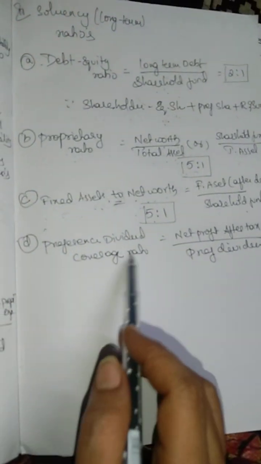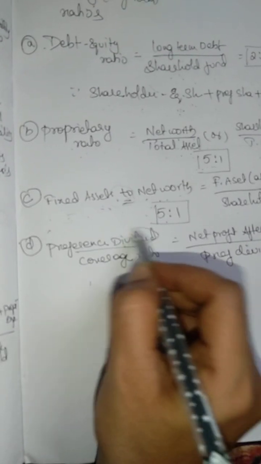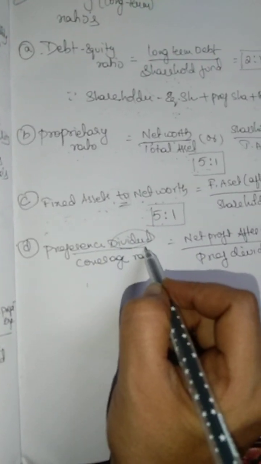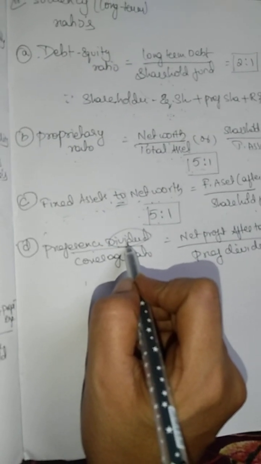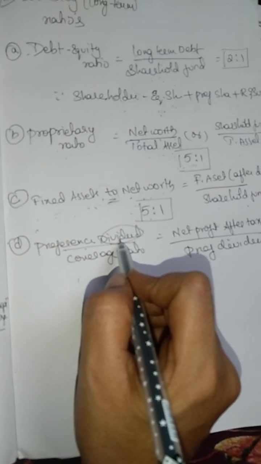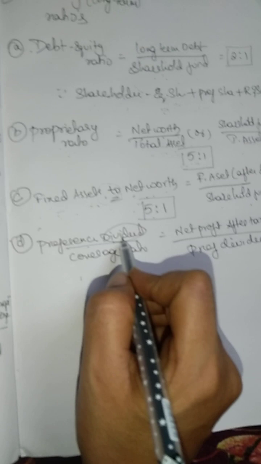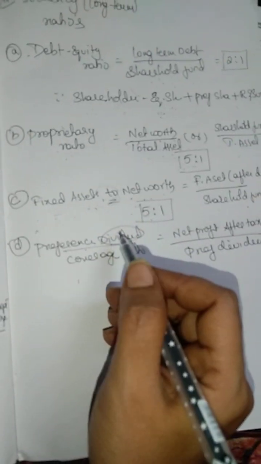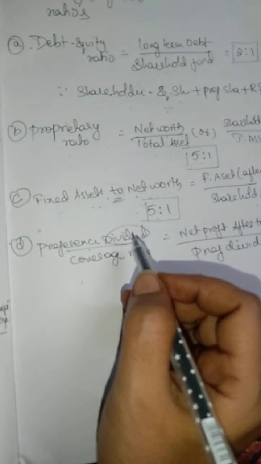Next comes the preference dividend coverage ratio. So what is the point here? Preference dividend is a very common point. Dividend we pay to the shareholders after all our expenses are paid, right? There are 2 payments of fixed amounts: one is interest, one is dividend.